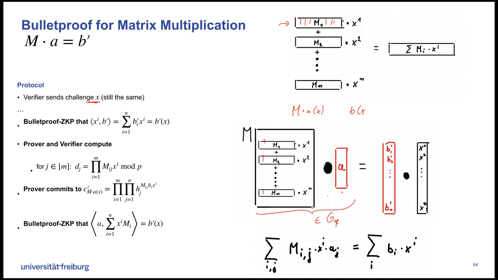And by comparing these two values at the end, which are given by the commitments, you know that it's right, and the only thing that you need is a bulletproof that this dot product is the same as the right one, which we have seen is again log n messages. So what we have done is basically we folded this matrix operation with constant into a series of bulletproofs, which allows us to do matrix multiplication with some constant addition in log n number of messages.